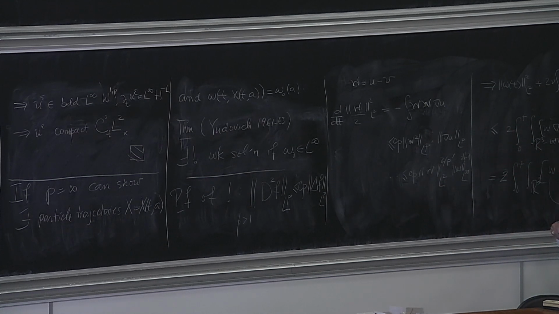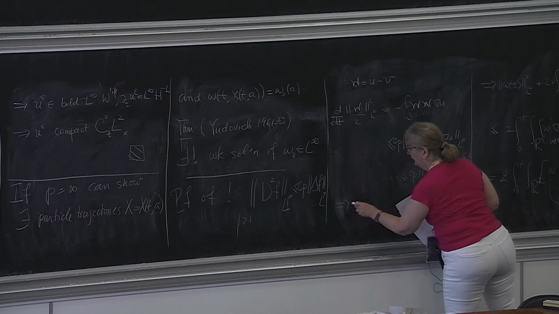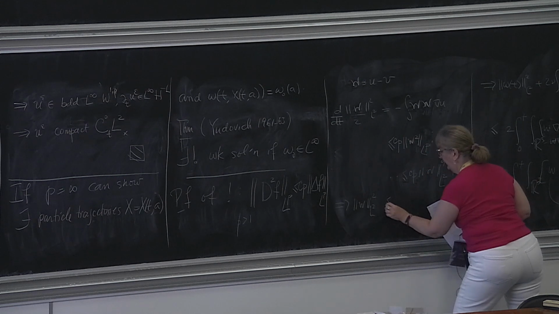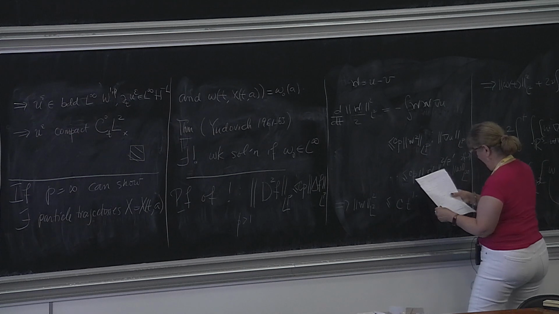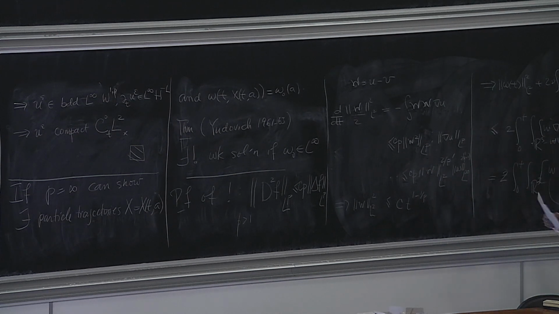The bottom line is when you integrate this, p prime is a Lebesgue exponent. So after you do Gronwall, this is going to give me C t to the 1 minus 1 over p, p greater than 1.